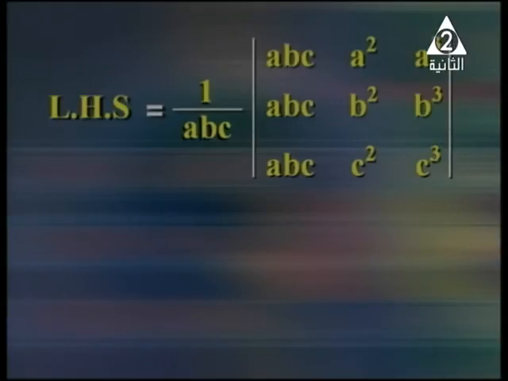Look at what is the common factor. In the first row, A is a factor; in the second row, B is a factor; in the third row, C is also a factor.